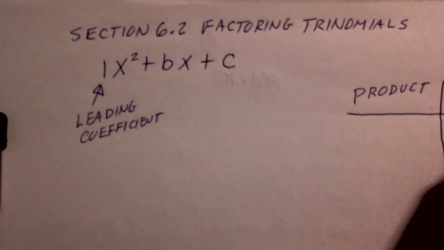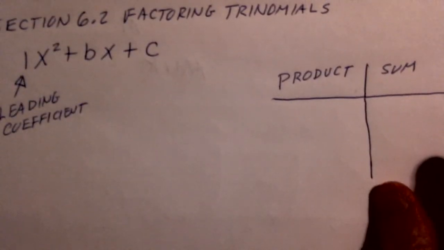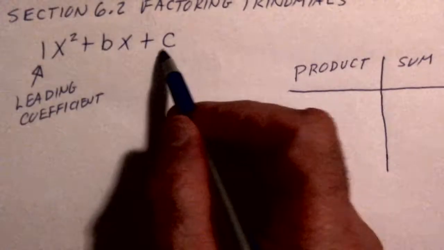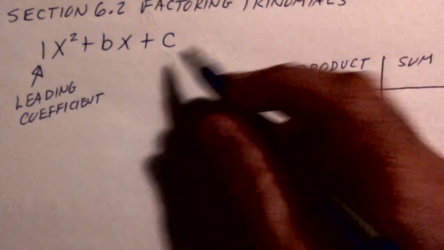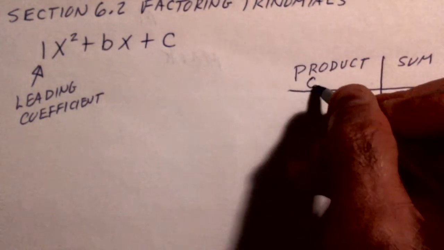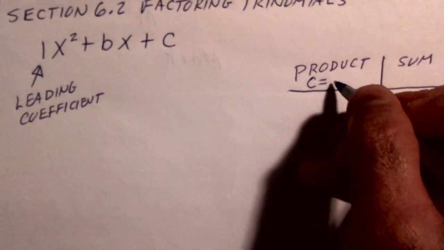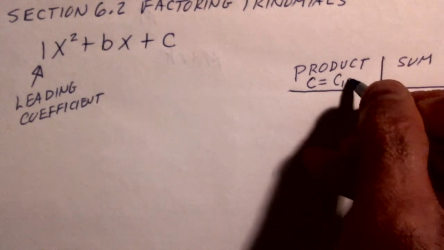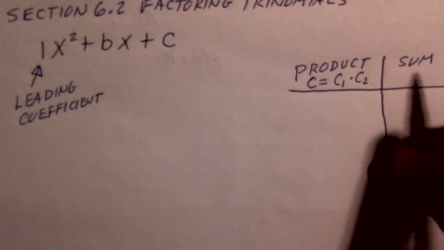And what we need to do is find two factors that multiply together to give us our constant term C. And suppose that we discover that there are two factors that multiply together to give us our constant term of this trinomial C, which are C1 and C2.